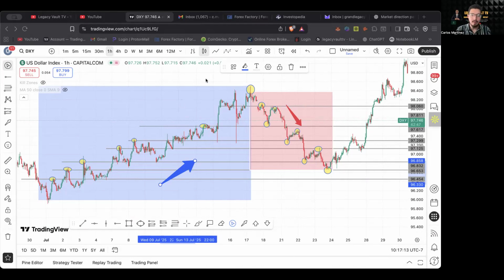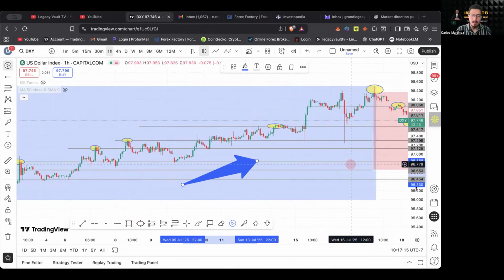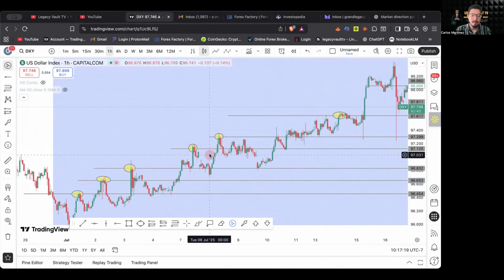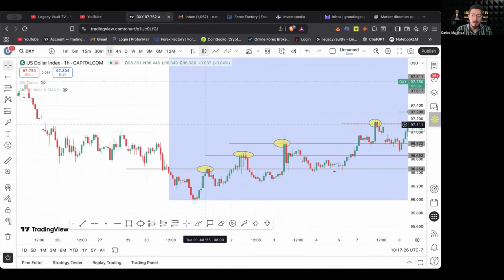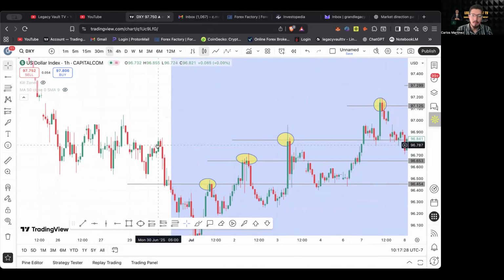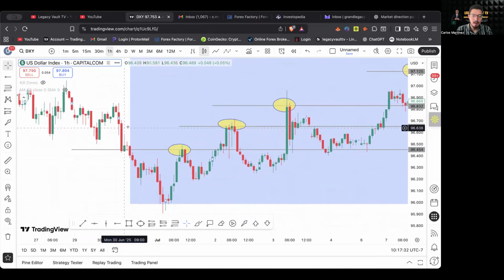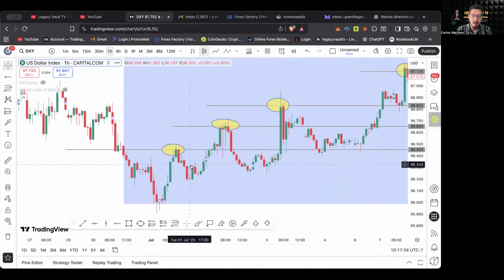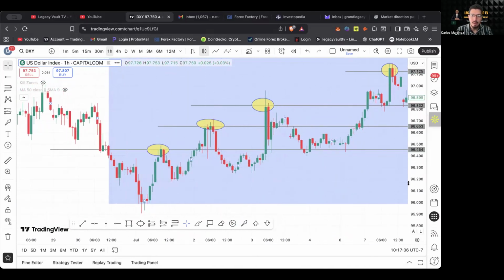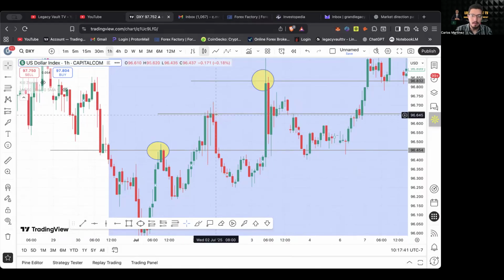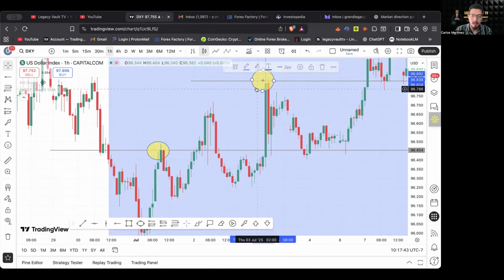So let's look at a retest on an uptrend. Now the retest here on the uptrend, we can see here this higher high broke above.